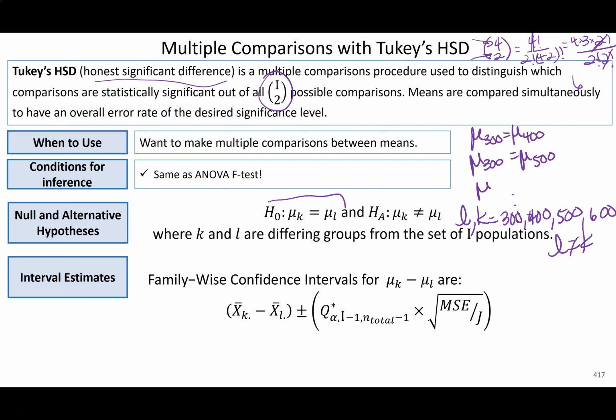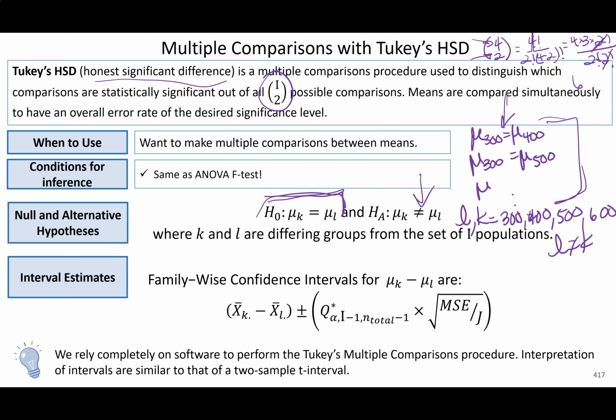That's fine too. So this is basically saying, hey, by default, we're going to assume all of these pairs of statements are true, where you're saying they're equal to each other, and then the alternative is where they're not equal. So then we have family-wise confidence intervals. This is not something we'll calculate by hand. You'll have your point estimate, so the difference in sample means that you actually observed, plus or minus this q star.